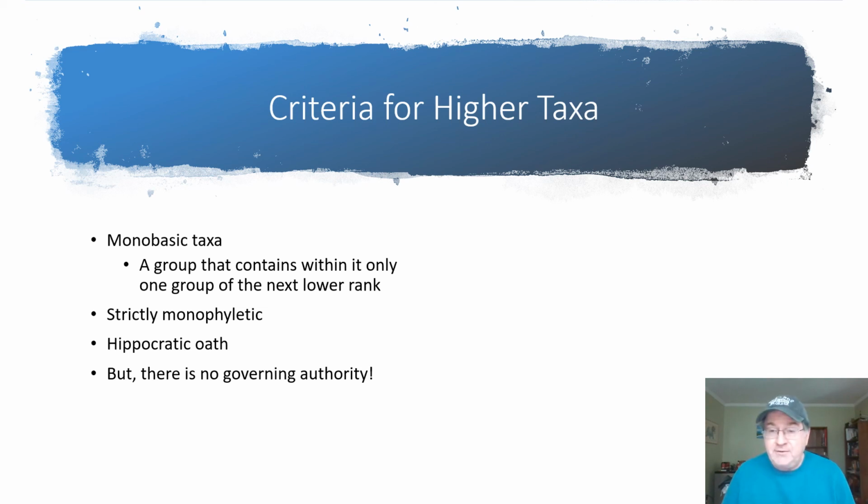And just to reiterate that last point, there is no governing authority for this. In the long run, it is the consensus of scientific opinion. That is, which classifications do people end up using? And it's not unusual that we have multiple classifications out there that are coexisting more or less peacefully, sometimes not so peacefully, at the same time, and thereby, frankly, generating a lot of confusion.